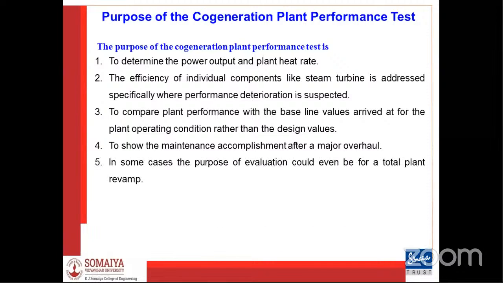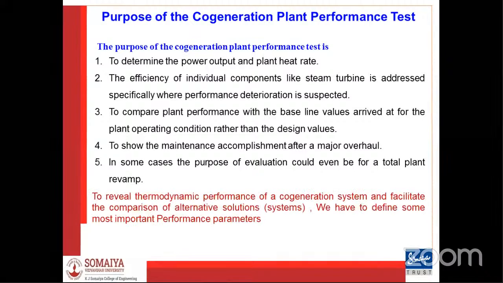But in some cases, the purpose of evaluation could even be a total plant revamp. Sometimes you may get a test result such that the entire power plant has to be revamped. Then this stage is very crucial to take the decision whether it is possible to improve the systems or we are going to revamp them.